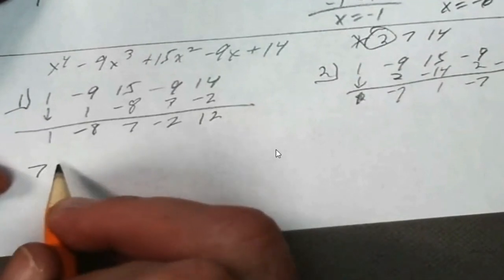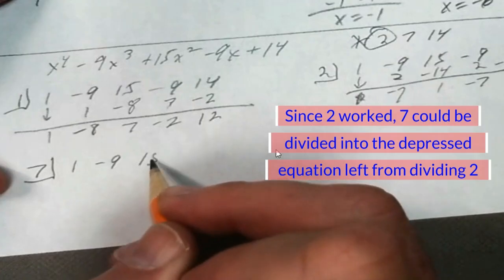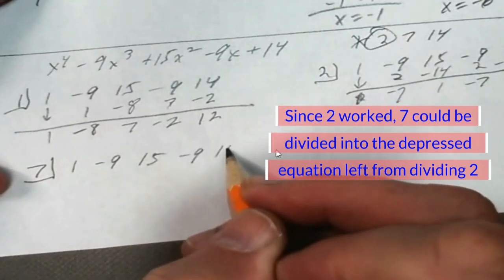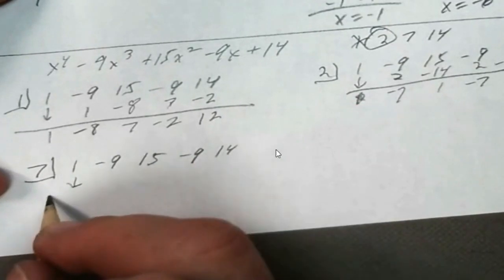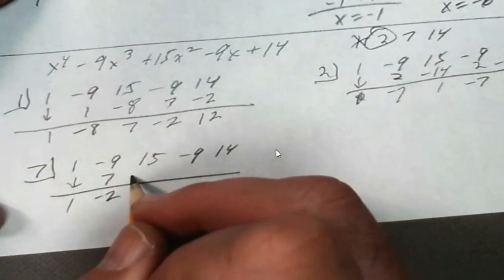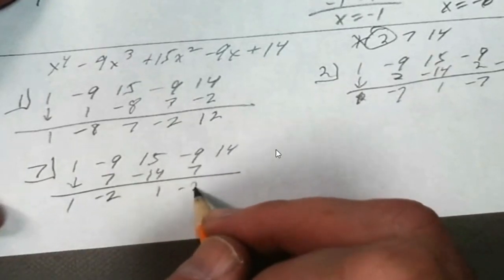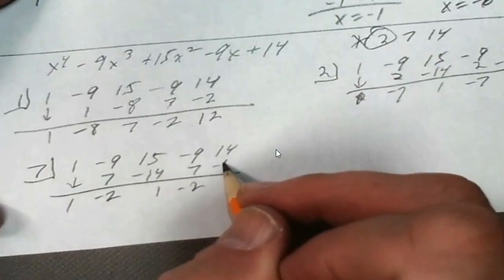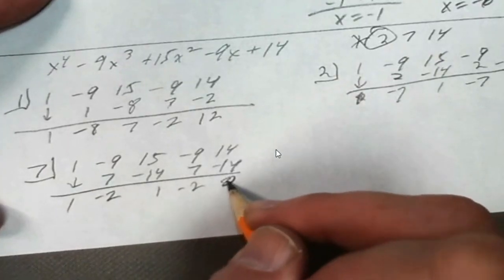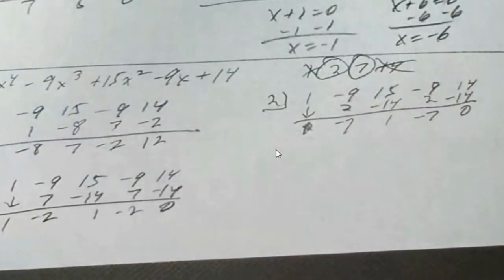So let's try 7. Bring the 1 down. 7, that's negative 2. It's negative 14, it's 1. It's negative 2. 7 is our other solution. We don't have to test 14.